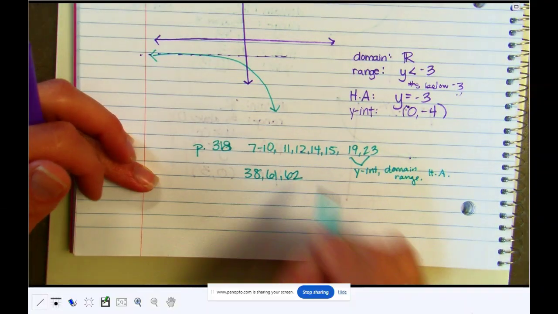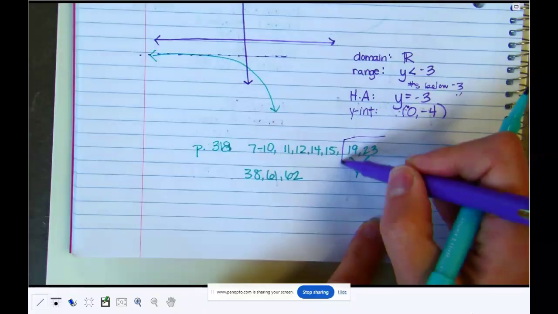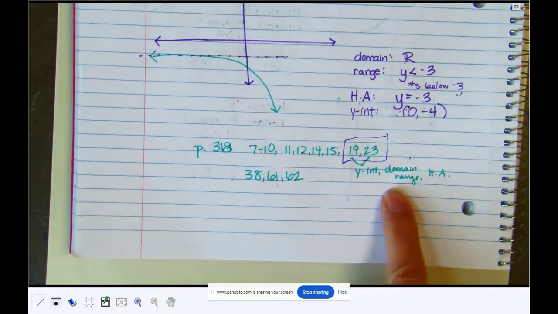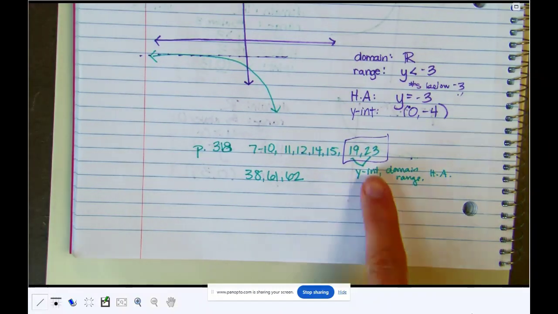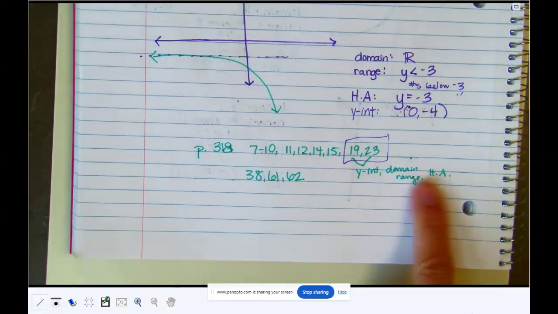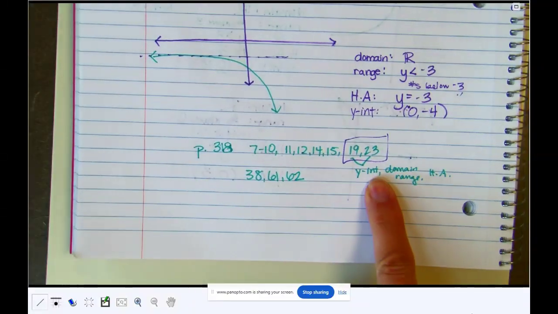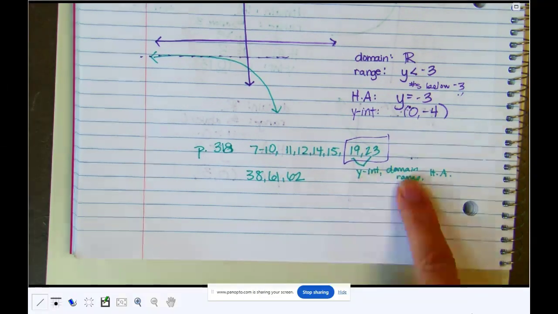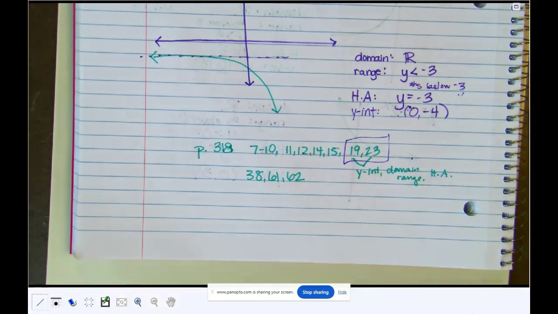Okay, so right here on number 19 and 23, you're doing what we were just doing. So you're not following the instructions in the book. You're graphing it, you're finding domain, range, horizontal asymptote, and y-intercept. Pretty close to the same thing that's in your book, actually. It's just that I also added the y-intercept. But you're doing all four of those things just like we did in class.